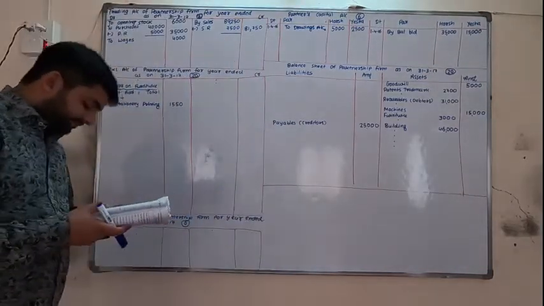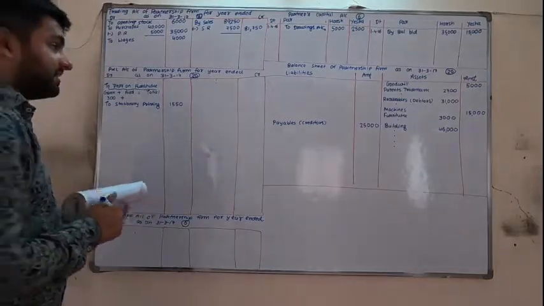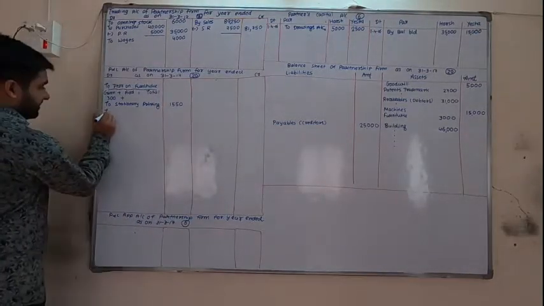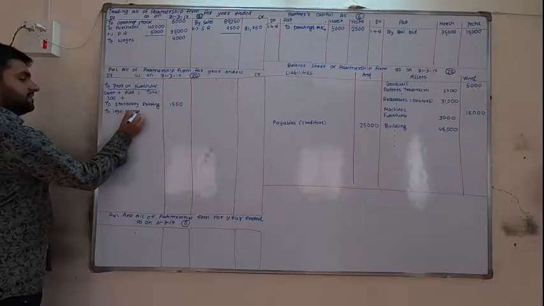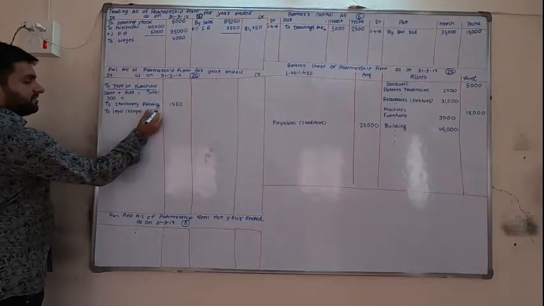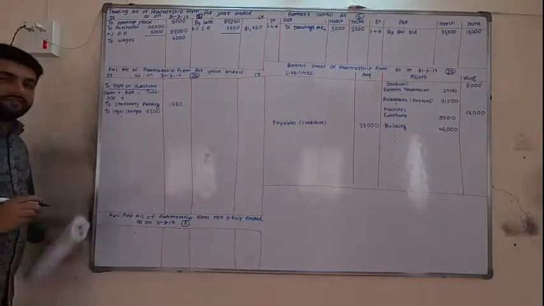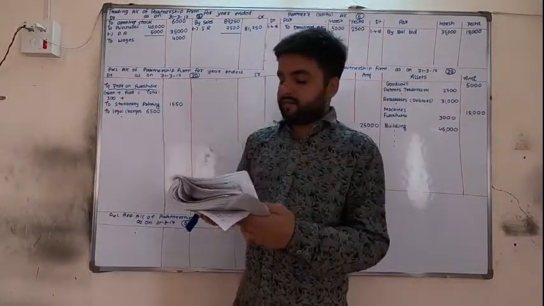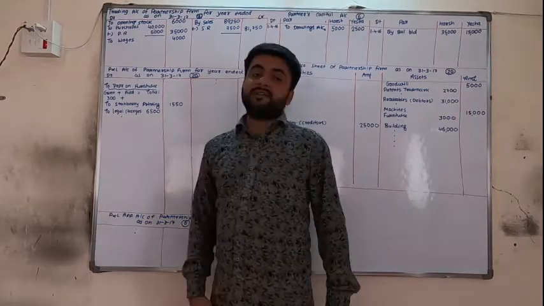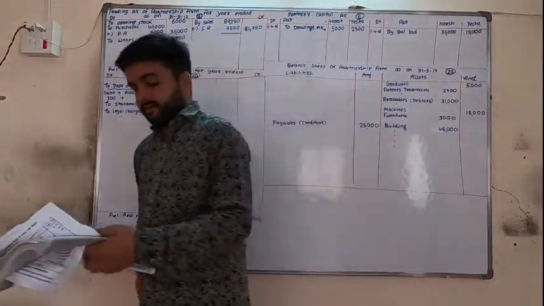After that, legal charges. Legal charges is our expense. So on the debit side of P&L, to legal charges in the inner column 6,500. Now leave one line for it. Why one line? It has building expense included in it. So legal charges in the inner column 6,500.